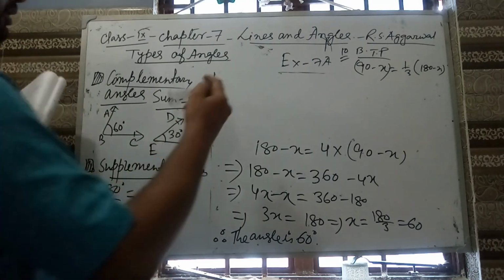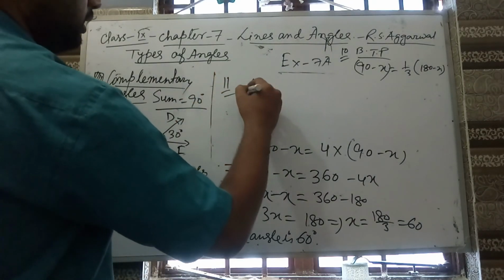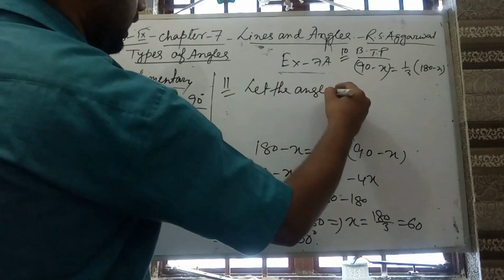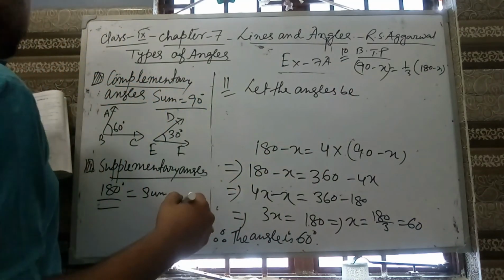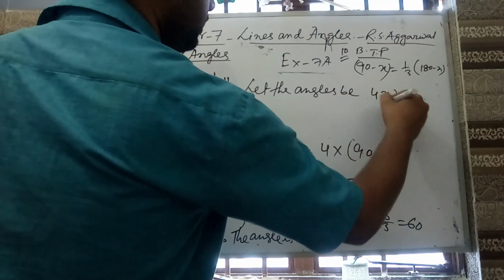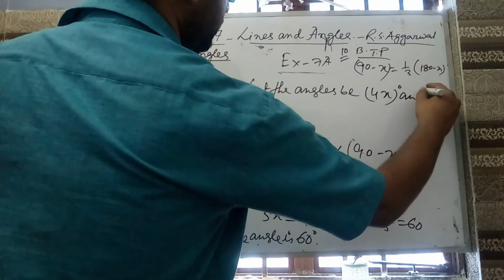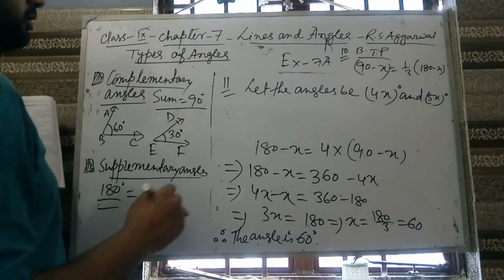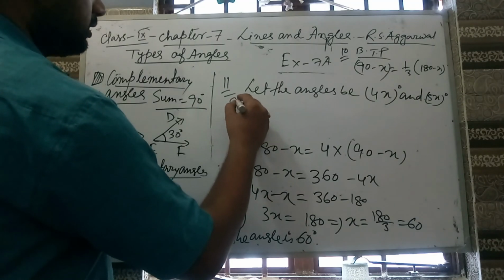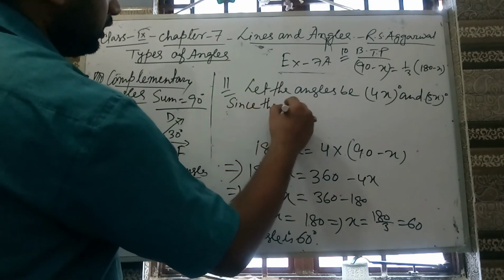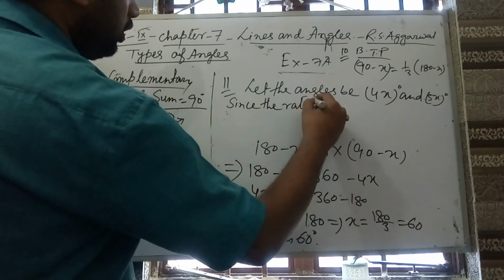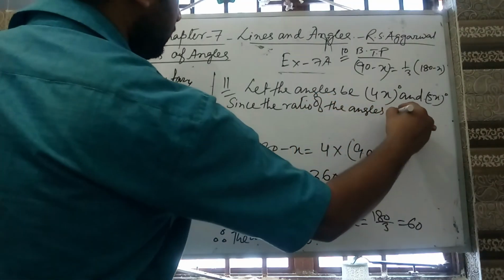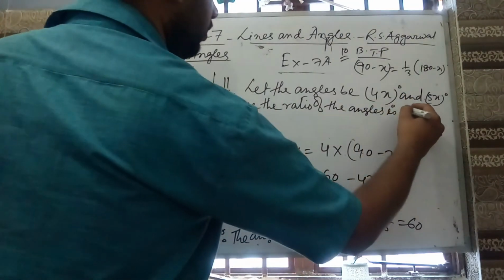Question number 11. Let the angles be 4x degrees and 5x degrees. Okay. Why? Since the ratio of the angles is 4:5.